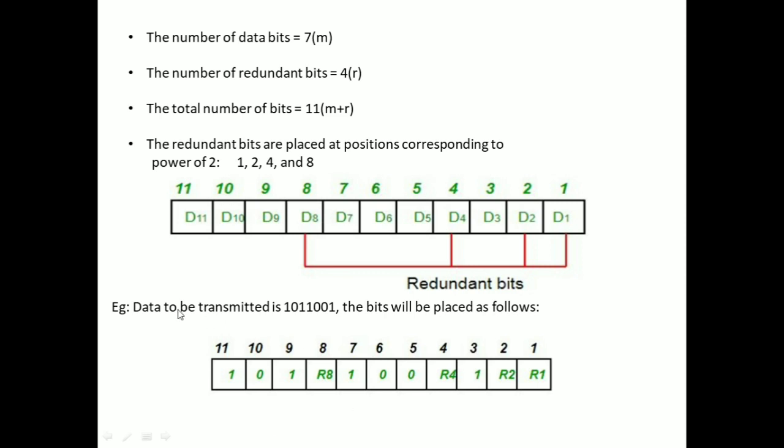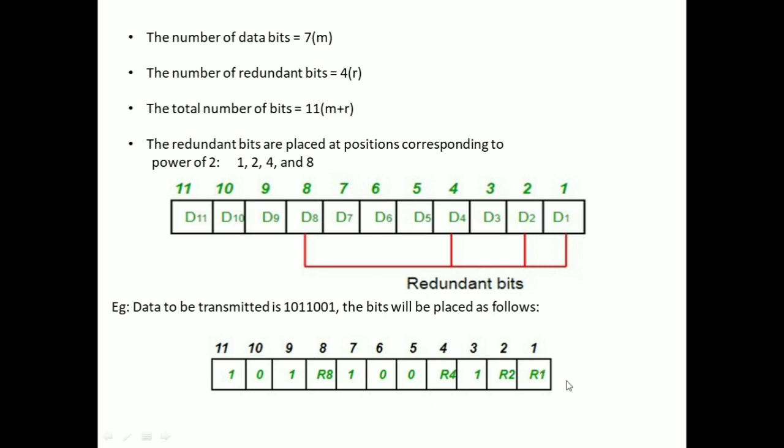Now let us assume that the original data to be transmitted by the sender is 1011001. We simply place these values as they are, that is 1 0 1 1 0 0 1. We already know how to put the redundant bit positions in the 1st, 2nd, 4th and 8th positions. So now what should we do?